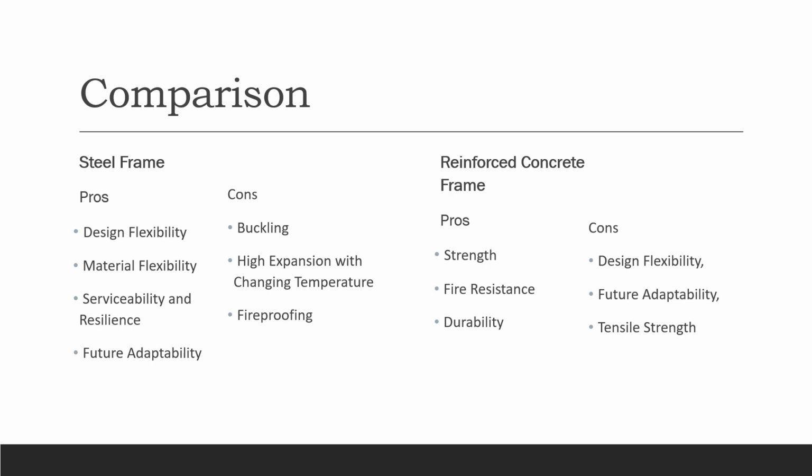And the cons with the reinforced concrete frame is that there's not much design flexibility behind it. And then the cons are kind of like the pros for the steel frame, as the future adaptability is not there too much for the reinforced concrete.